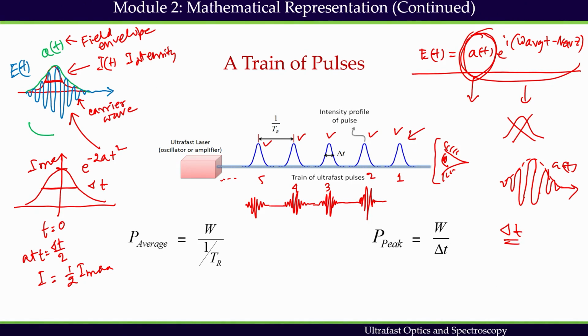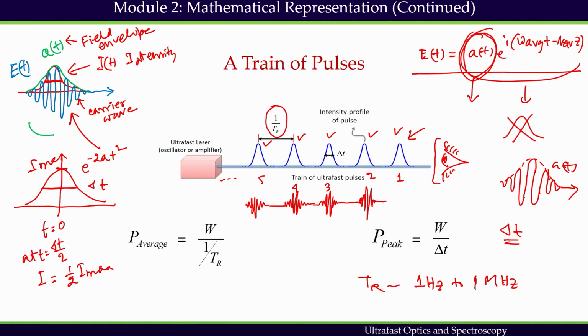If T_R is the repetition rate, then 1 by T_R is the repetition time, which is represented by this. This temporal separation of neighboring pulses is the repetition time. Most ultrafast laser systems work at a repetition rate ranging from 1 Hz to 1 megahertz. These are the options available right now.